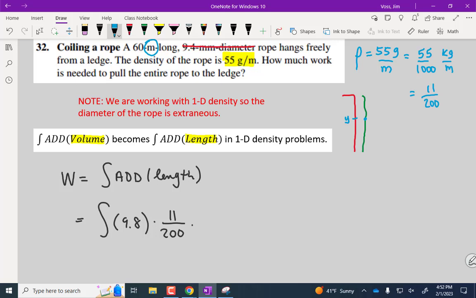So the distance traveled by this element of rope, how far is it traveling? 60 minus y. This height right here is where it's living, at y, but if we're pulling it up, the distance it's going to travel is 60 minus y.